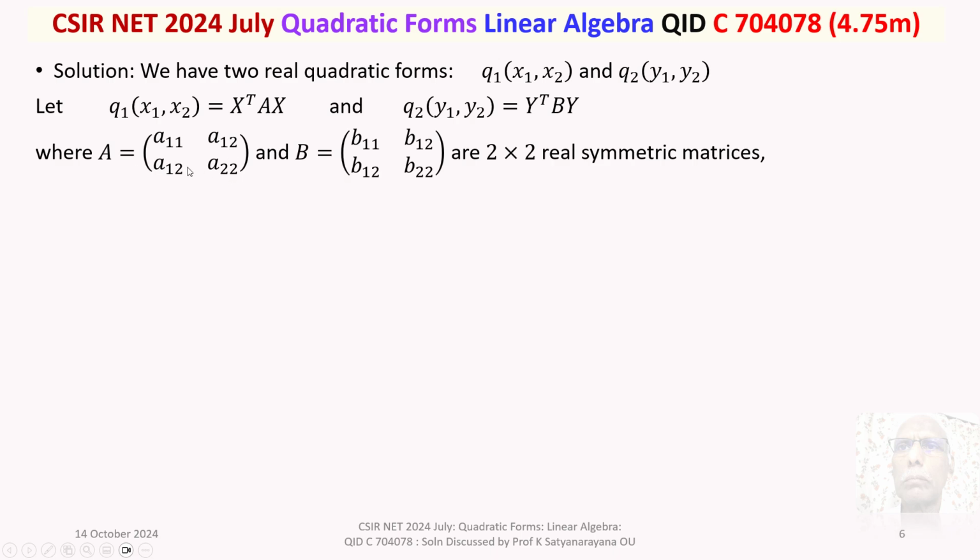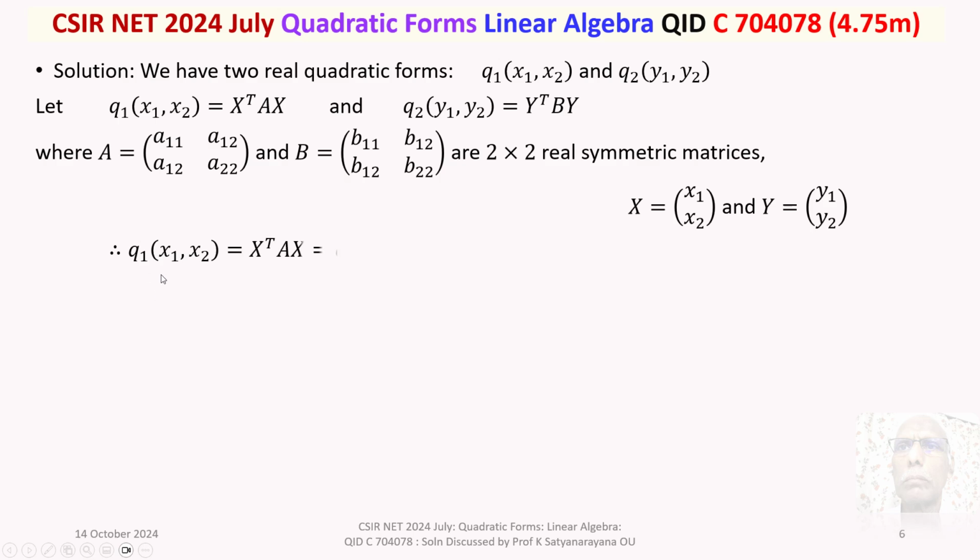In the place of A21 we have A12 because it is a real symmetric matrix. B is equal to [B11, B12; B12, B22]. In the place of B21 we have written B12 because B is symmetric. Capital X is the column vector (x1, x2), and capital Y is the column vector (y1, y2).